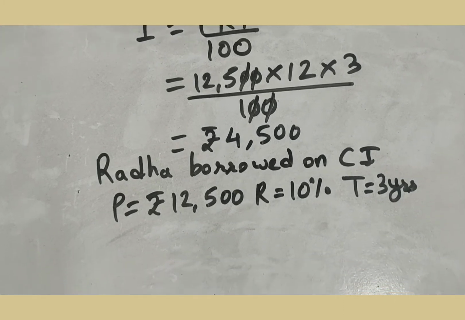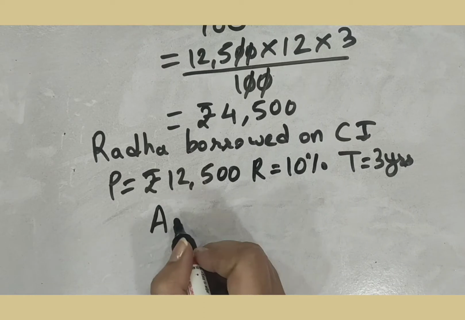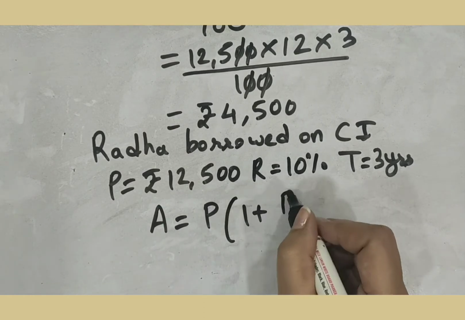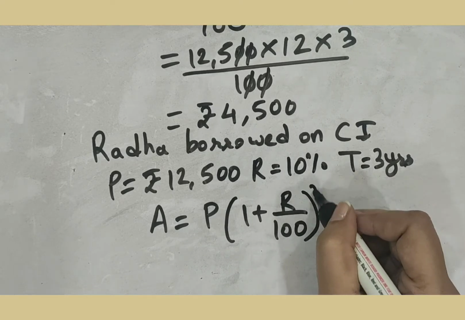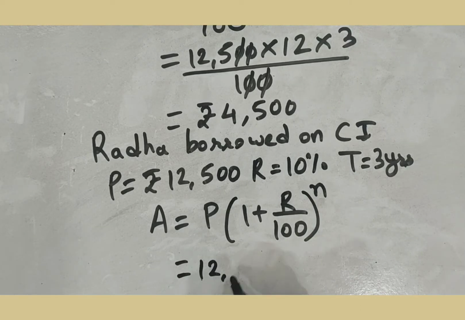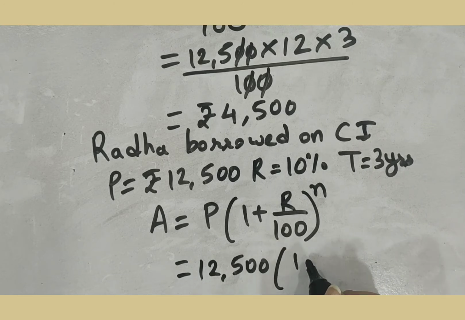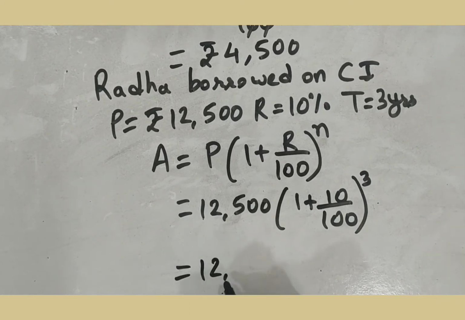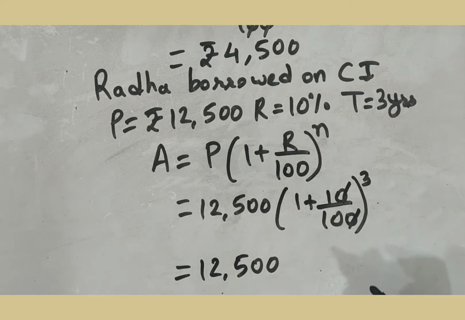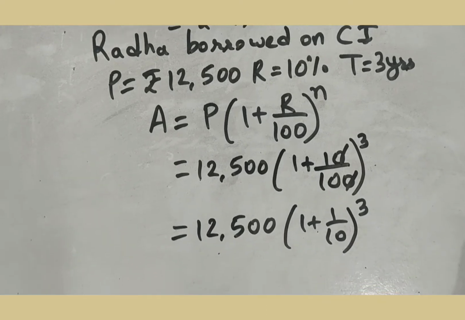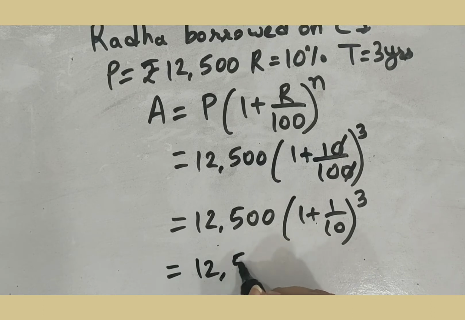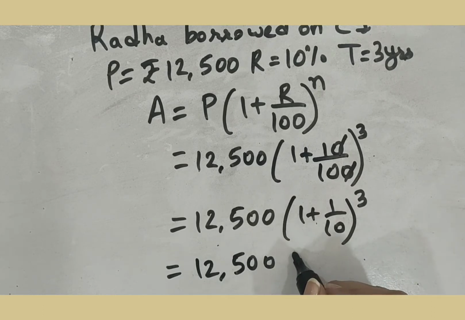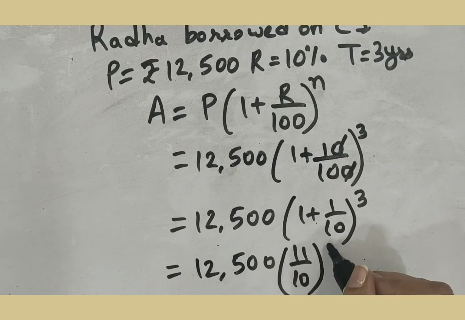Now she has also compounded annually, so my amount will be equal to P into 1 plus R upon 100 whole raised to N. So that will be equal to 12,500 into 1 plus 10 upon 100 whole cube. That will be equal to 12,500, 0 0 cancel, so it will be 1 plus 1 upon 10 whole cube. That will be equal to 12,500. If I take the LCM, it is going to be 11 upon 10 whole cube.